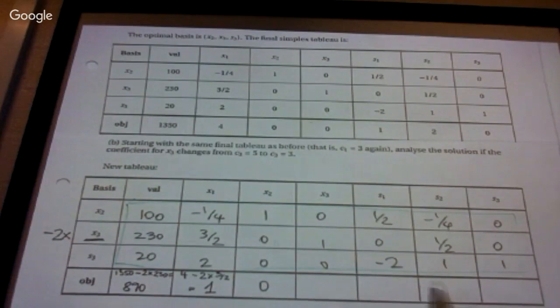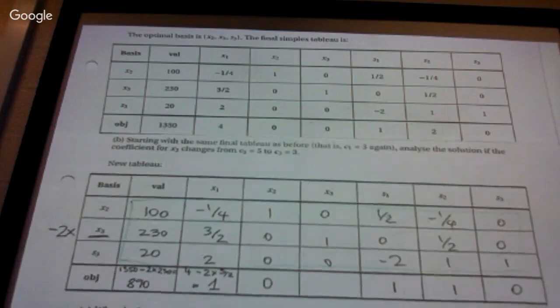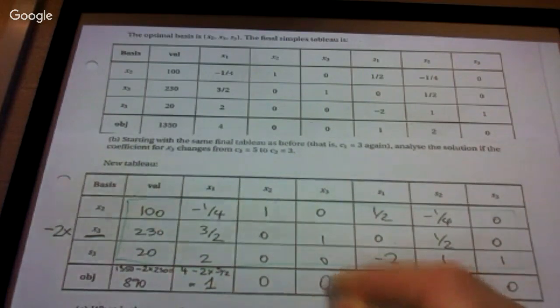X3, I'll skip. S1, we're taking away 0, so it remains 1. Here we're taking away 1, so 2 becomes 1. And here we're taking away nothing, so it stays 0. And the X3 column, you probably knew that it would always have to be 0.